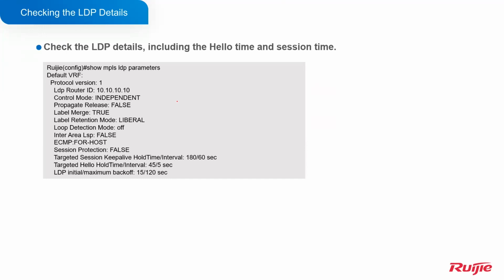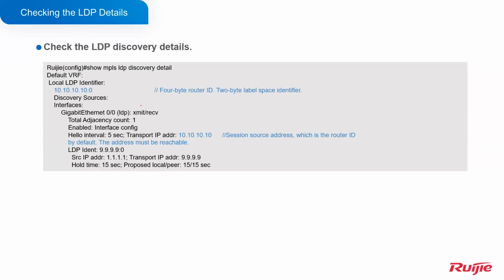Then you can check some information like show mpls ldp parameter. You can find what your router ID is, what your control mode is, and other things like the session protection. You can check your MPLS LDP, and also you can show your LDP discovery detail.